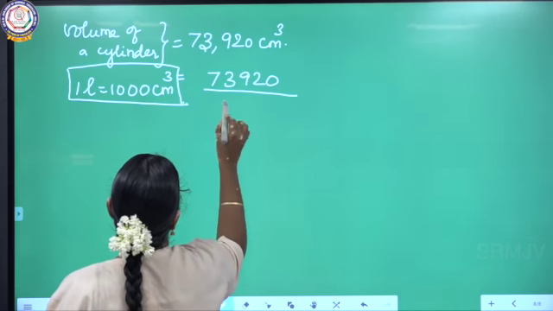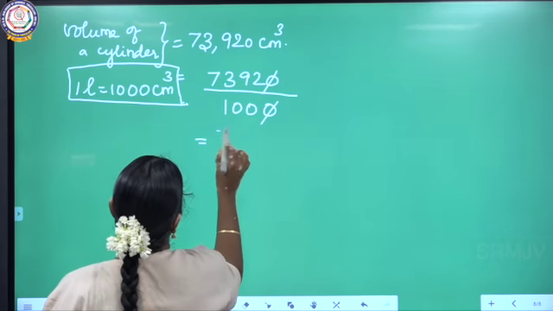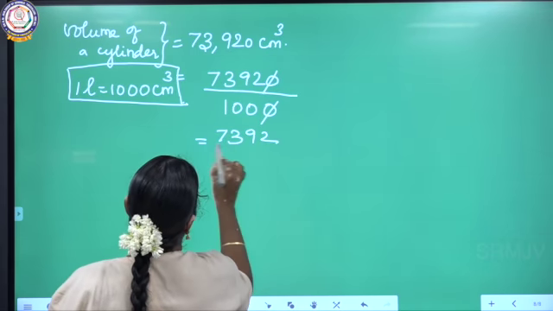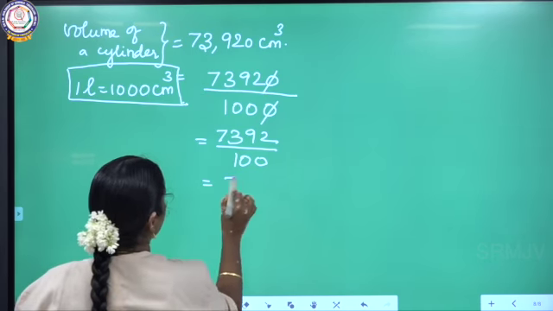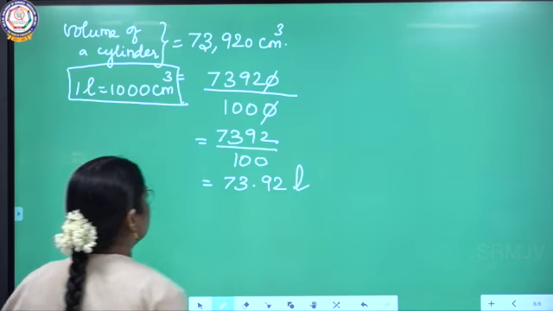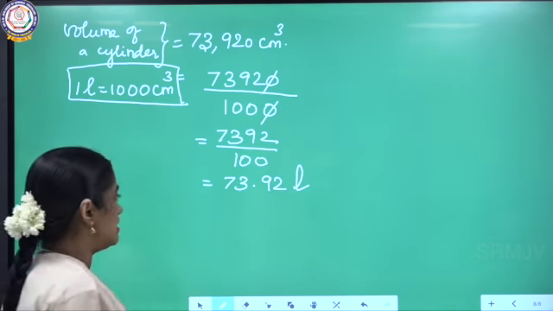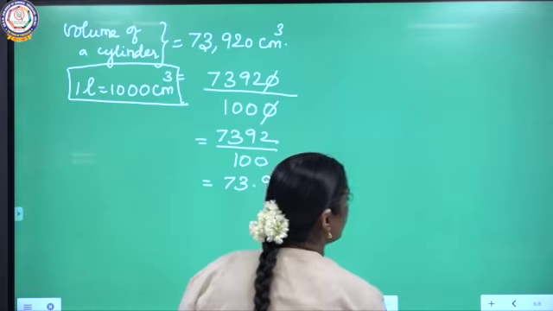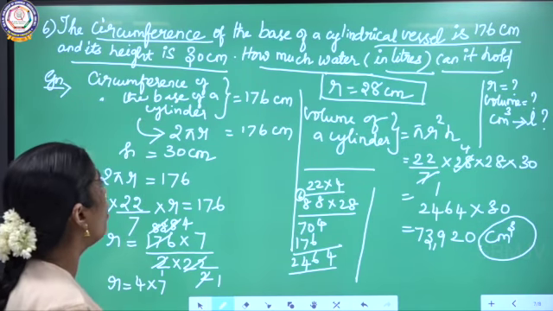73920 divided by 1000. 0 getting cancelled. So 7392 by 100. 2 digits after, you have to keep the decimal. So 73.92 liter. I changed the centimeter cube into what? Liter. Can you understand this? Now I am going to write the answer. How much water can it hold?